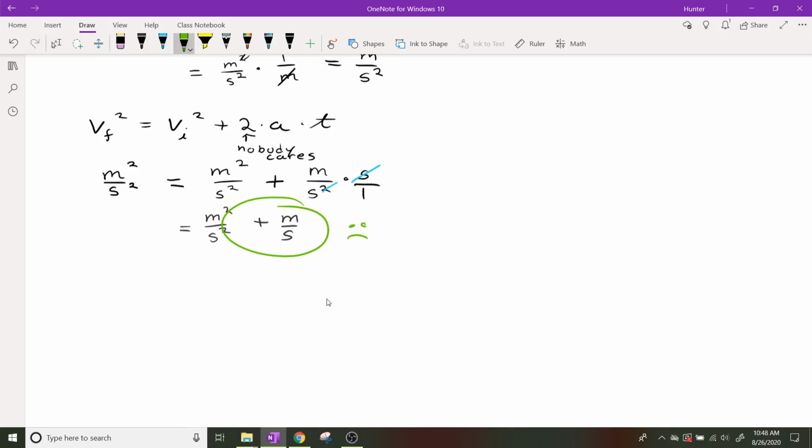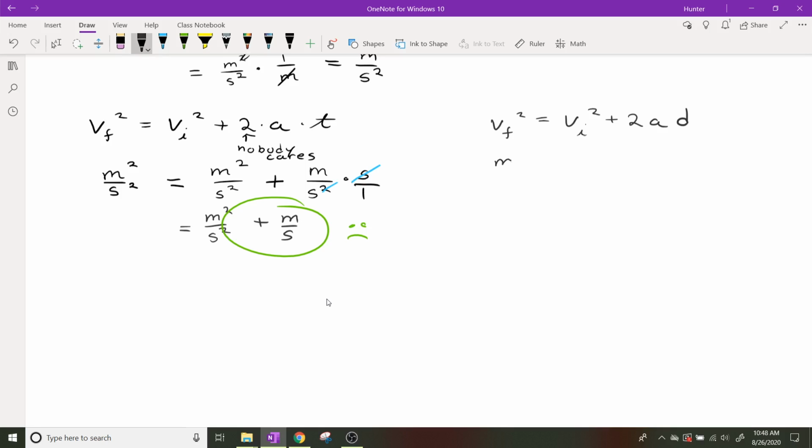Now, if I use the right equation, one that is actually physically appropriate, we do Vf squared. This is one of the equations that we're going to have to learn: Vf squared equals Vi squared plus 2ad. This actually does work. And I'm going to make that an i. That kind of looked like a weird smiley face there.